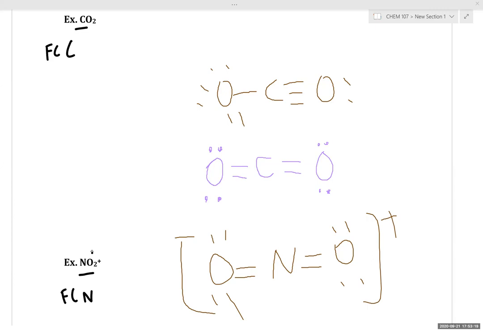If we remember our rules, a preferred structure minimizes formal charges. So which structure, the one in brown on the top or the one in purple on the bottom, would you think would be preferred? This is really important. You want to make sure that your Lewis structures are the preferred optimal Lewis structure.